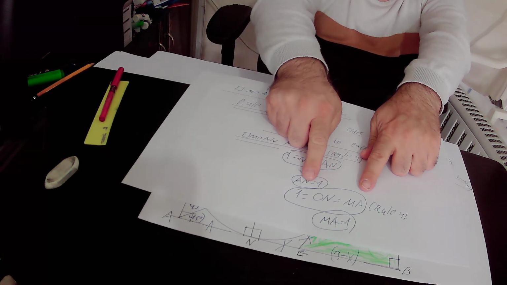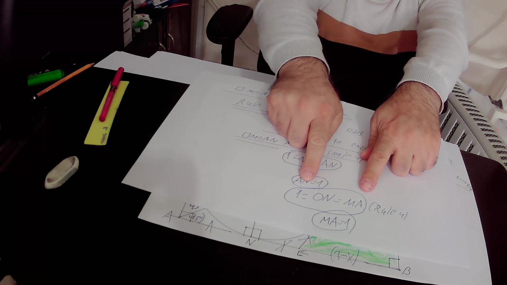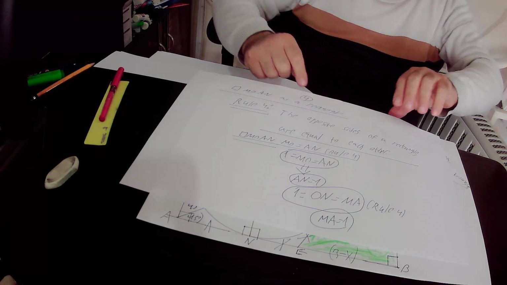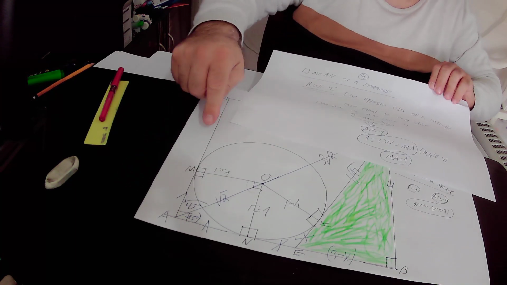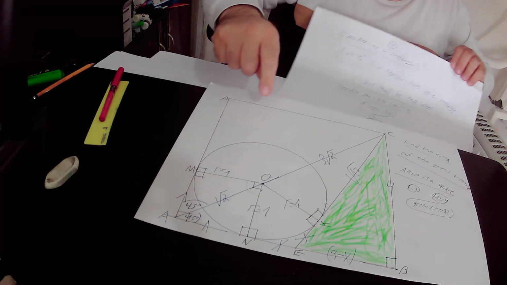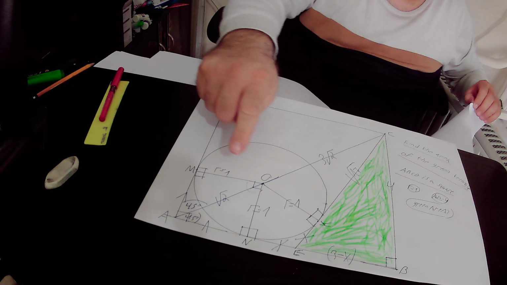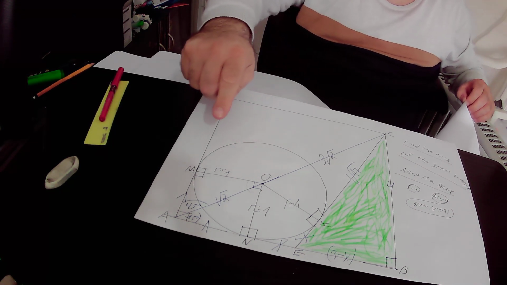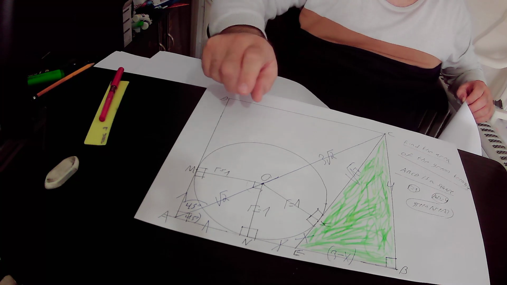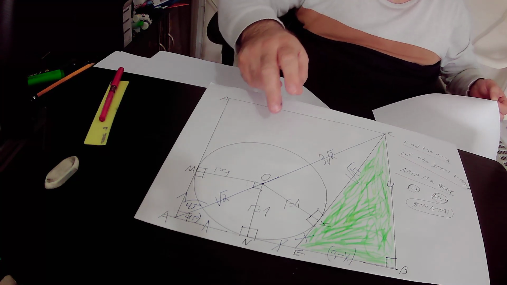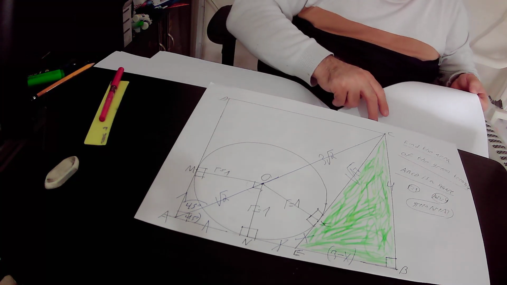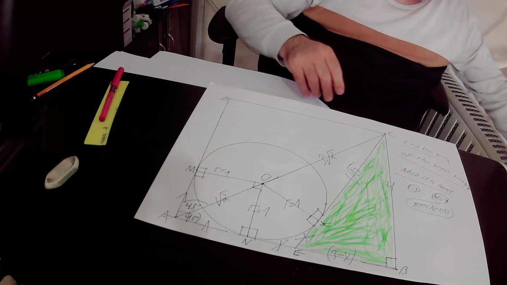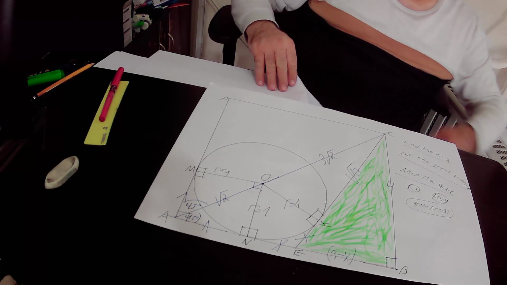So from this equality we conclude that AM, or MA, also equals 1 unit. MA equals 1 unit. So we found out that all sides of rectangle MONA are equal to each other. They are all equal to 1 unit, and it has 4 right angles. And we have rule number 5.